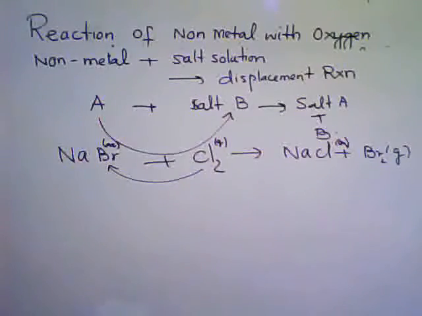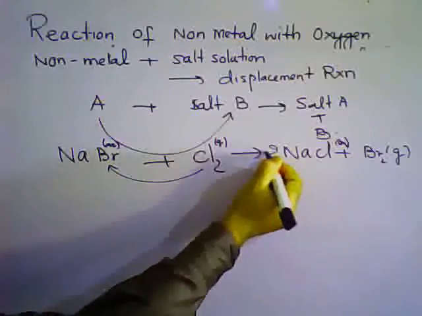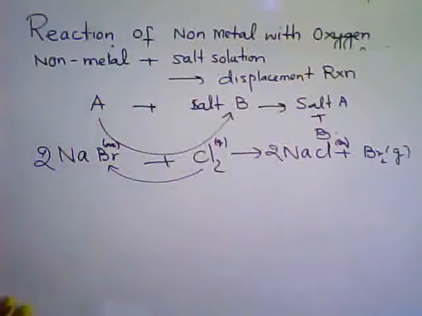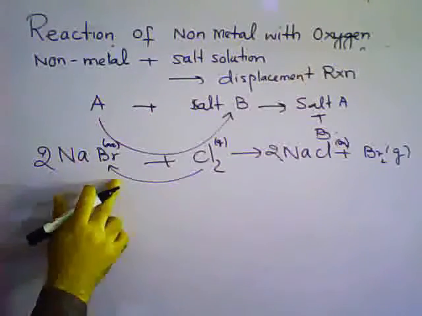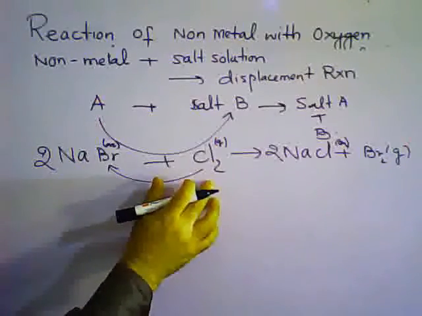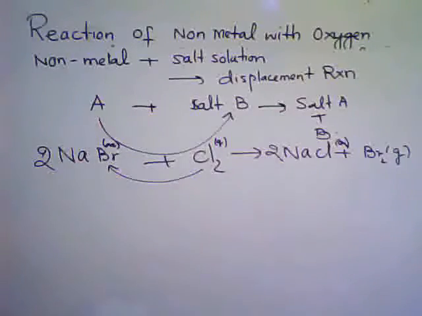So we just have to balance it. We are having 2 chlorine, so we'll write here 2. That becomes twice. So we are getting Br2 here. We can see the statement that 2 molecules of sodium bromide are reacting with a molecule of chlorine, giving 2 molecules of sodium chloride and a molecule of bromine. Okay dear.